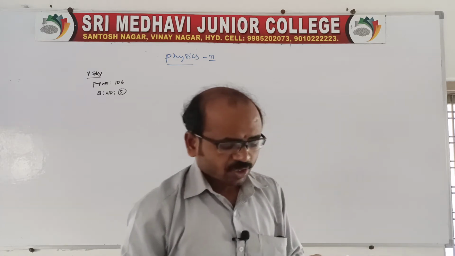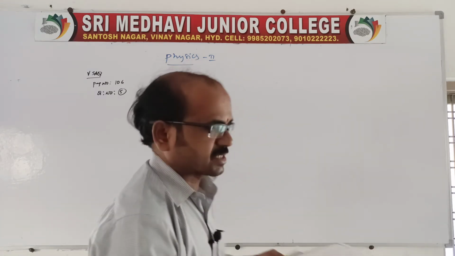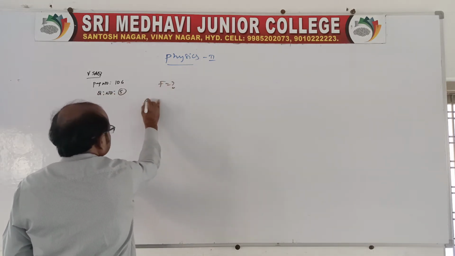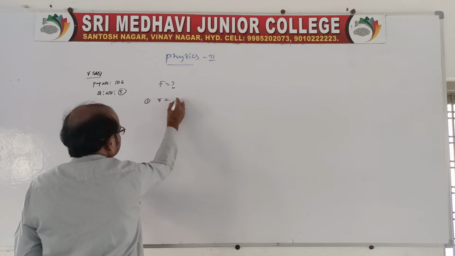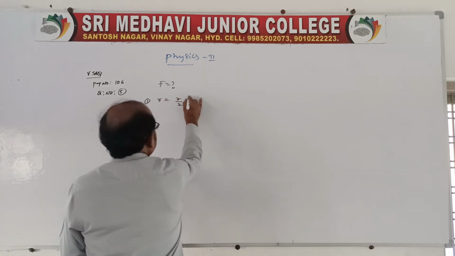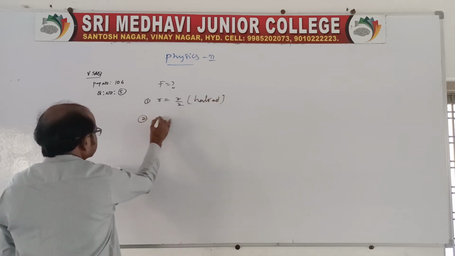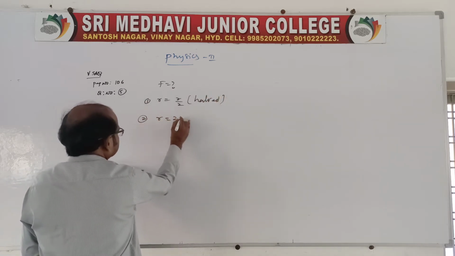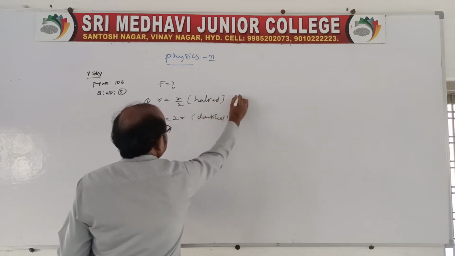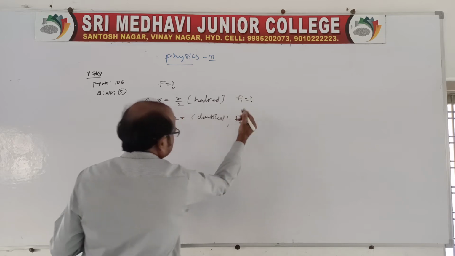What happens to the force between two charges if the distance between them is, first, half, and second, doubled? For half, what will be the force is asked, and for double, what will be the force is asked.